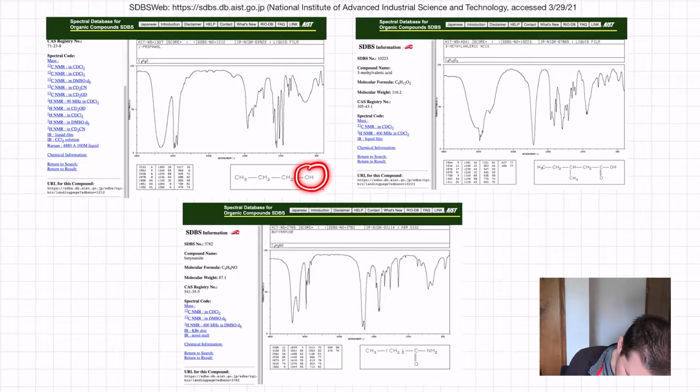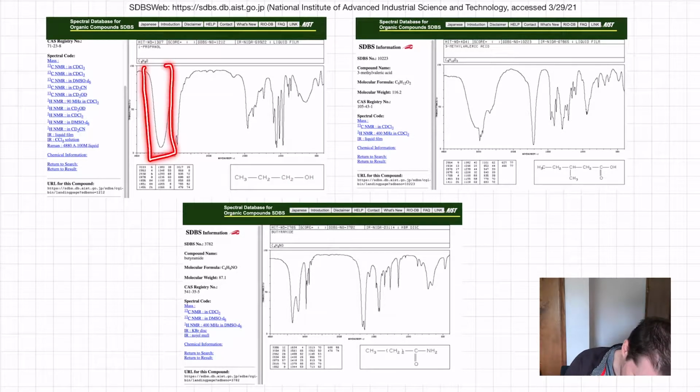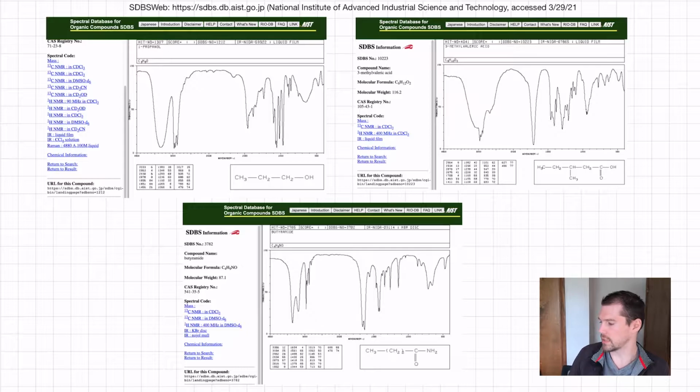The OH is characterized by this peak right here. If you look in a textbook table, it often says that an alcohol signal or peak is broad and strong. Strong is a reference to how far down it goes. The more polar something is, the stronger the signal will be.